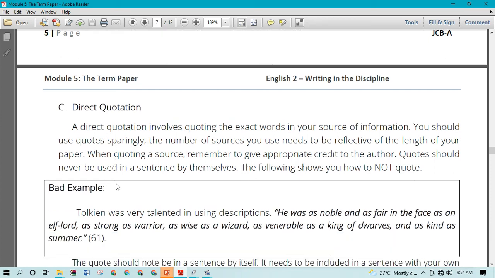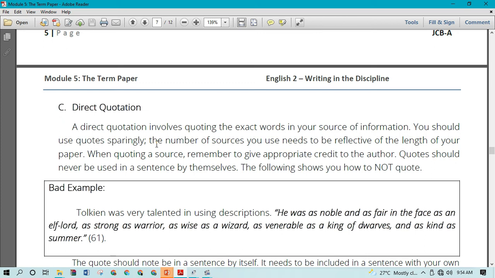Okay, so another one is the direct quotation. You may do direct quotation instead na mag-paraphrase ka, para hindi ka makapag-plagiarize, no? So a direct quotation involves quoting the exact words in your source of information, and you should use quotes sparingly. The number of sources you use needs to be reflective of the length of your paper. When quoting a source, remember to give appropriate credit to the author.